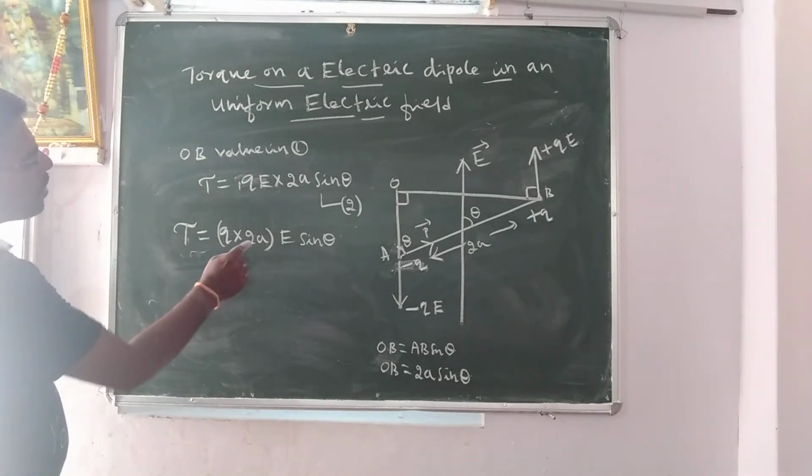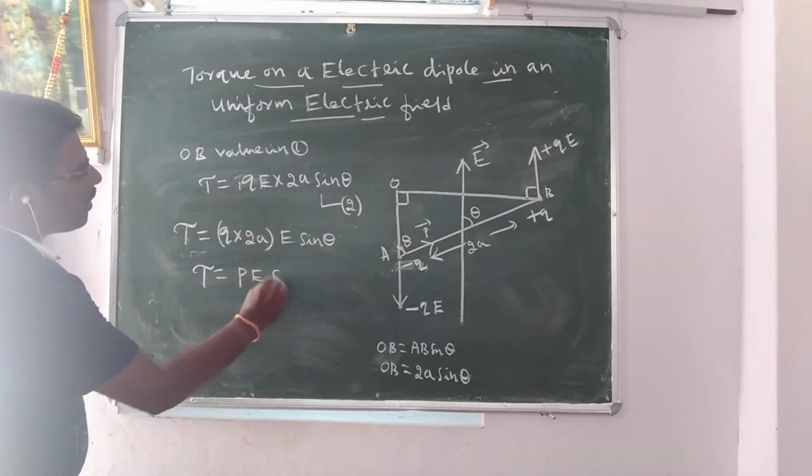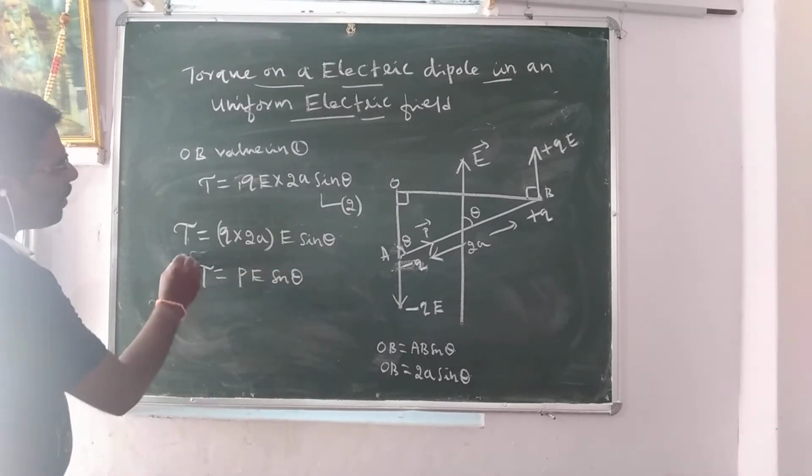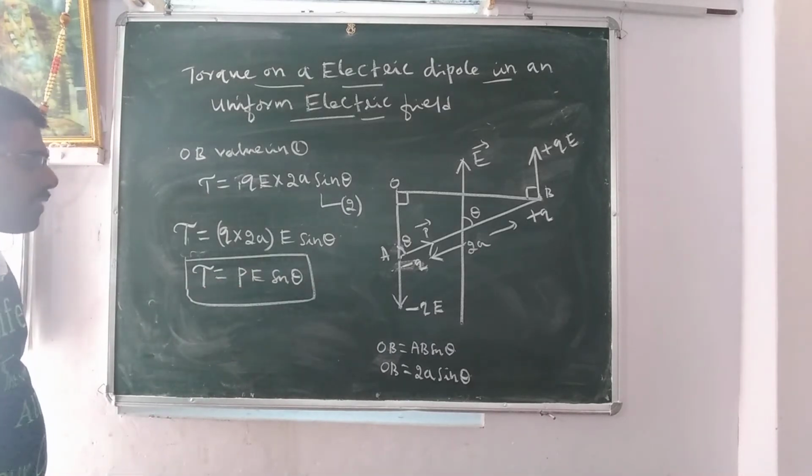Because Q into 2a is equal to the dipole moment P, the net torque on a dipole in a uniform electric field is PE sin theta.